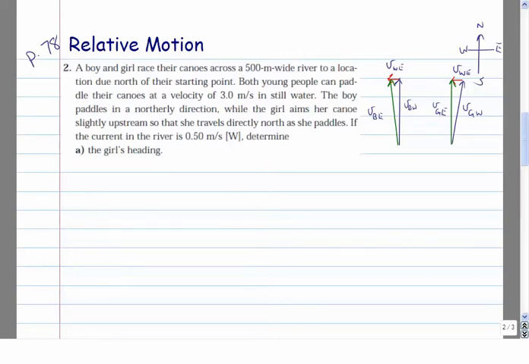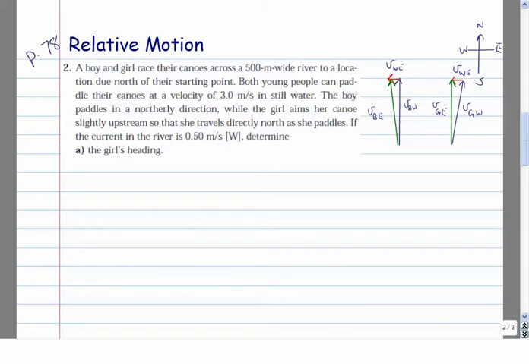In this example, a boy and a girl are racing their canoes across a 500-meter wide river to a location that's due north of their starting point. Both young people can paddle their canoes at a velocity of 3 meters per second if the water was still, but in this case, the water is moving. The boy paddles in a northerly direction and lets the water carry him.